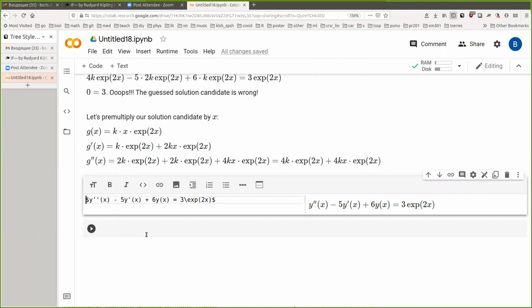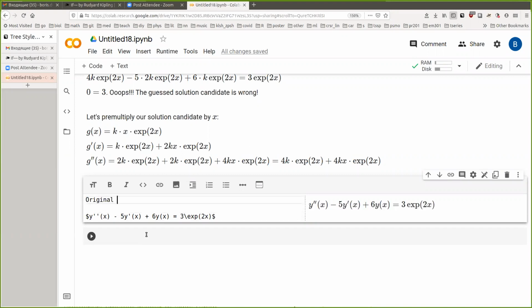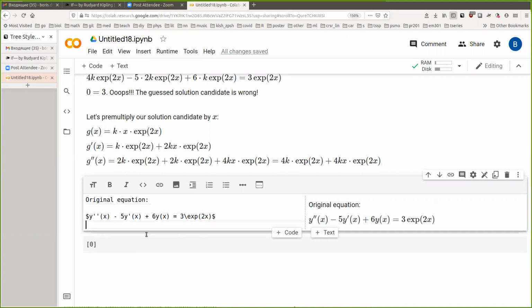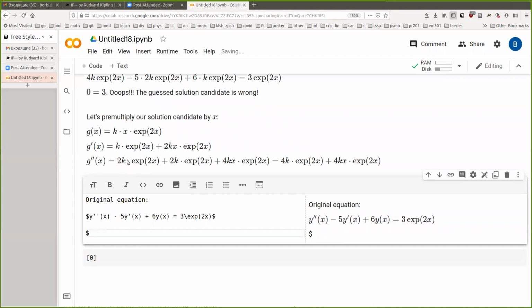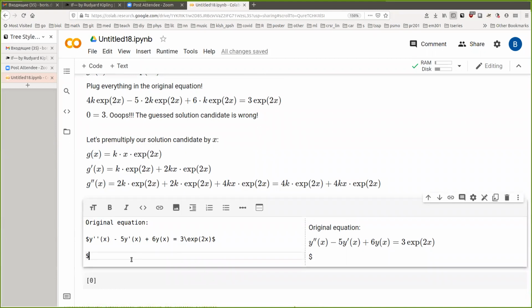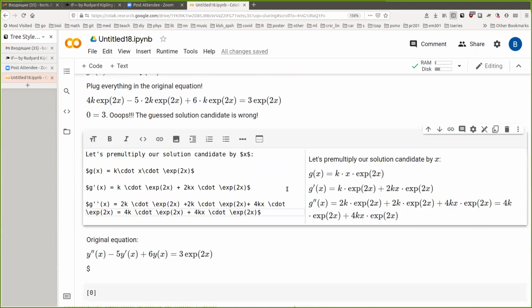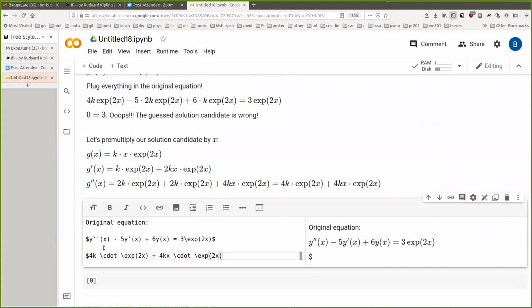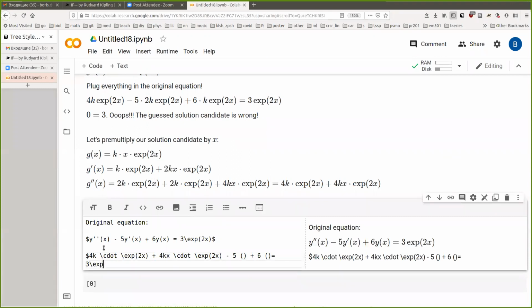Okay, this was my original equation. And let's plug in everything. It will be a little bit of work, but when you plug in everything, what do we get? This is the first term. Minus 5 plus 6 equals to 3 exponent of 2x.